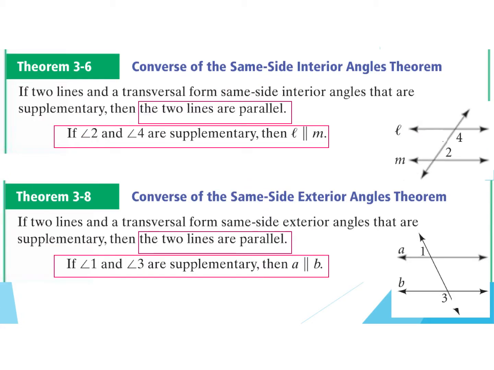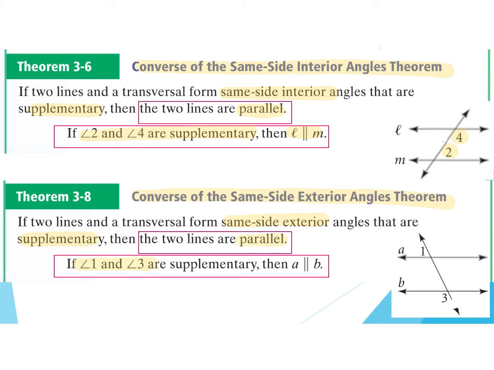The last two theorems say the converse of the same side interior angles theorem. So if two lines and a transversal form same side interior angles that are supplementary, so they add to 180, then the lines are parallel. So if angle 2 and angle 4 are supplementary, then L is parallel to M. And for the converse of the same side exterior angles theorem, if two lines and a transversal form same side exterior angles that are supplementary, then the two lines are parallel.